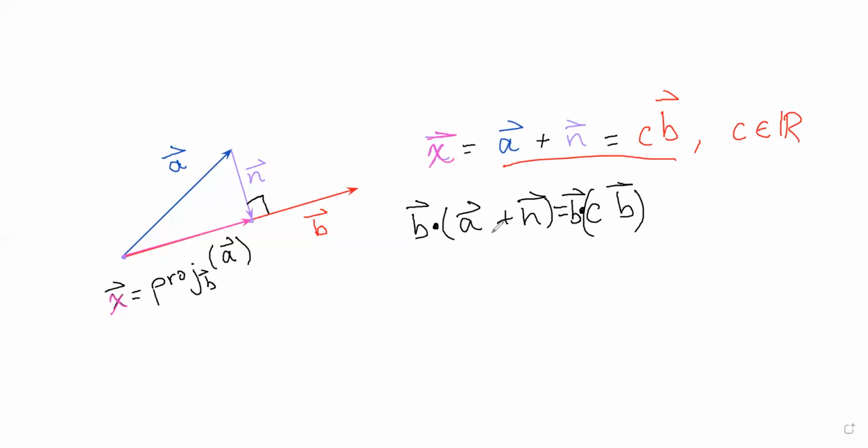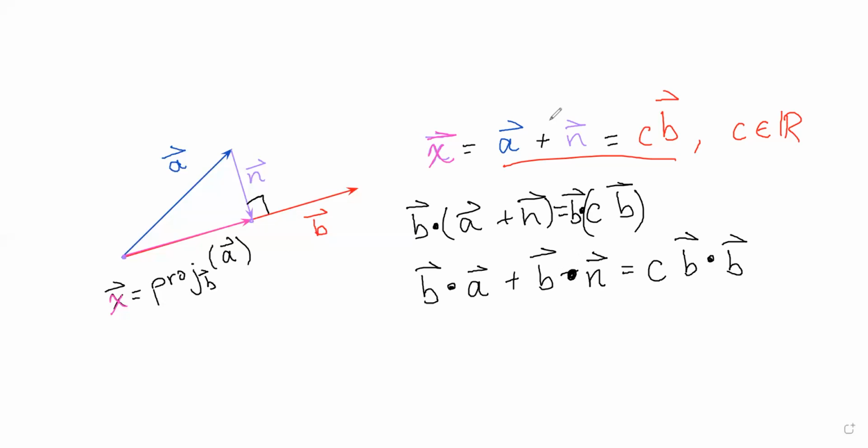The dot product is distributive. It is also commutative. Okay, so this is just the same thing as B dot A plus B dot n, and this is equal to C times B dot B.